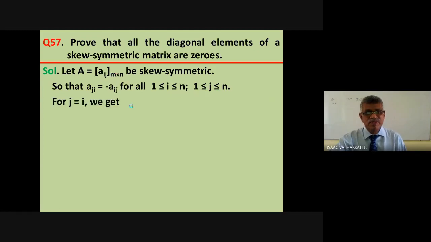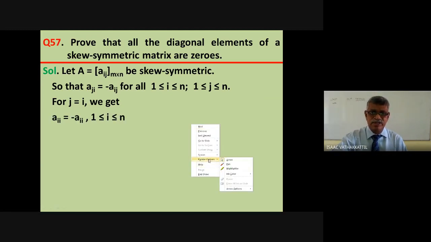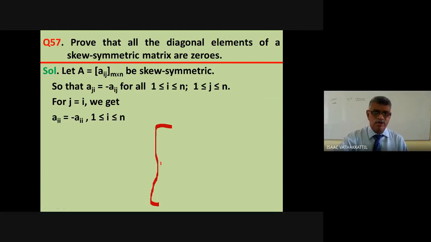When you have an n by n matrix, first you have a11 here, then you have a12, and so on, a13, and dot dot dot.